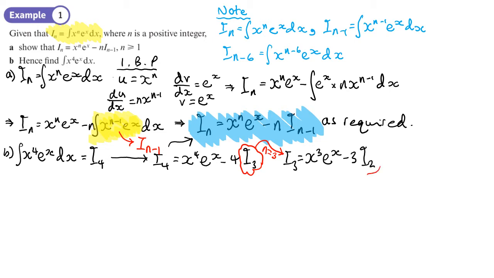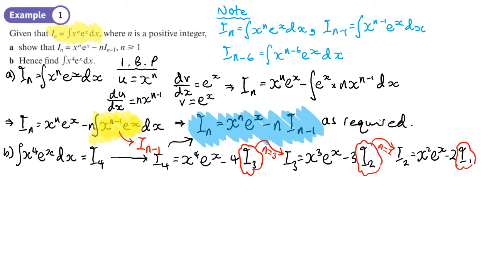Do the same thing again. We want to work out I sub 2, so it's going to be n equals 2. With n equals 2, I sub 2 is equal to x squared e to the x minus 2 I sub 1. And we can do the same thing again.